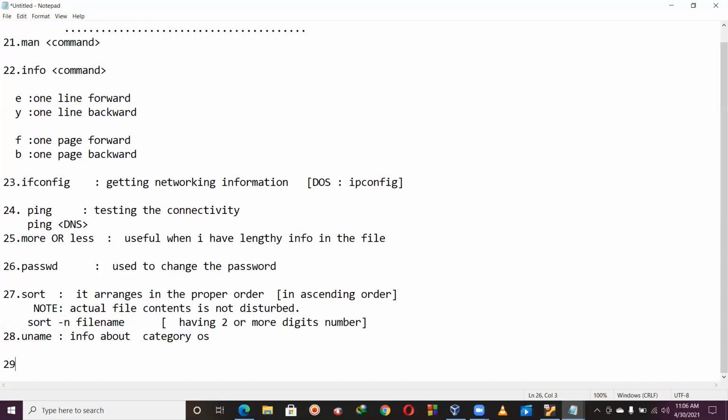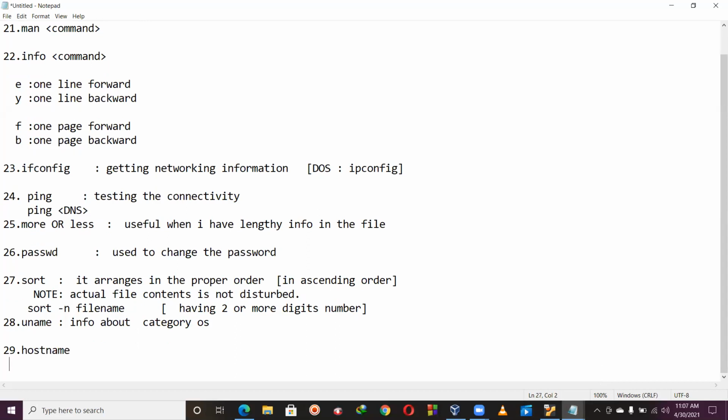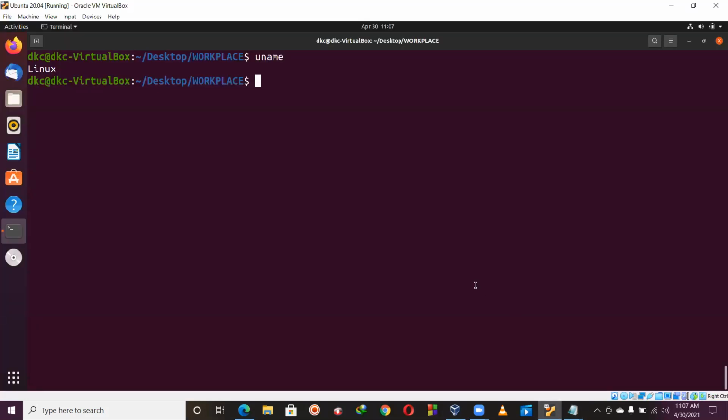Next command. One is hostname. Here we have two variations, hostname, and also hostnamectl. Just see here. For example, hostname.